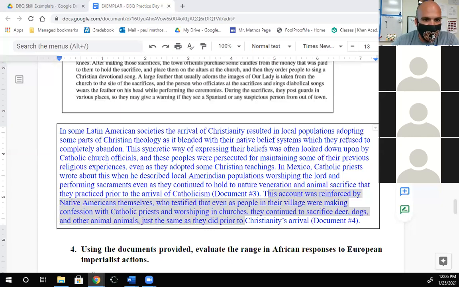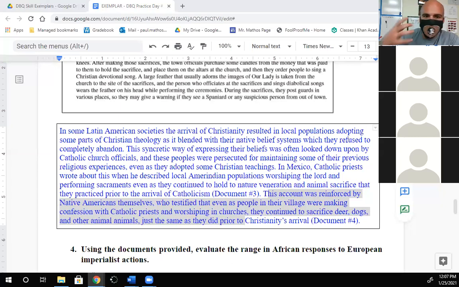Specifically in Mexico, they blend. Oh, your support is really good though. Listen to this, guys. Specifically in Mexico, they blend idolatrous ceremonies with good holy things and perform the holy sacraments while at the same time making sacrifices to fire by sacrificing hens and animals, venerating God and their holy mother and saints together with their idols.